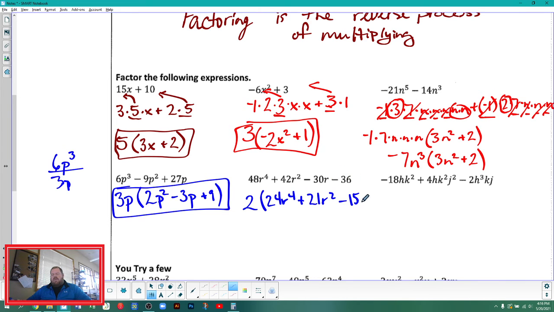And 36 divided by 2 is... ouch, now my head hurts. 13, not 13. Wow, brain fart. 18. There we go. This one has an r on it. Sorry, it's been a long day.